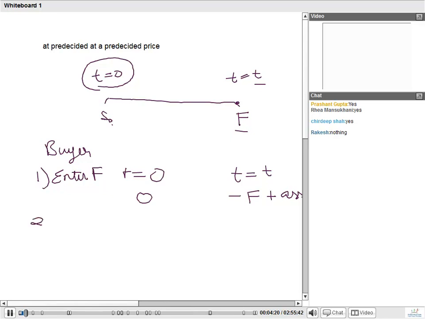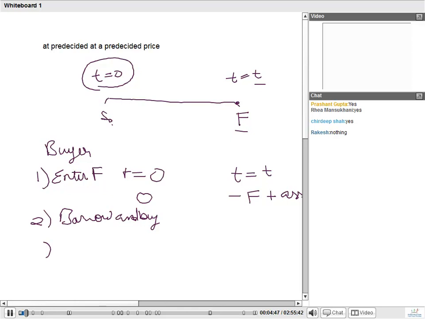What is the second option that the buyer has? Borrow and buy now. The second option is borrow the money and buy the asset right now. If he goes for that, what is the upfront payment that he'll have to make, or what is the money that he'll have to shell out right now?